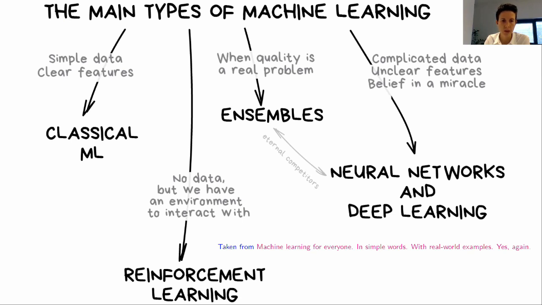On the other hand, there is this other field which we didn't talk about, but this is about what if we have no data, but we have an environment to interact with, then you have this class of reinforcement learning methods, but that's something I won't touch in this course.